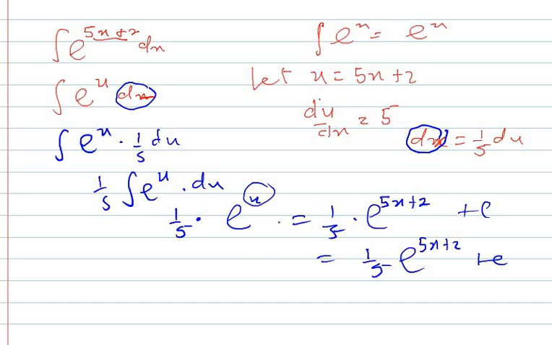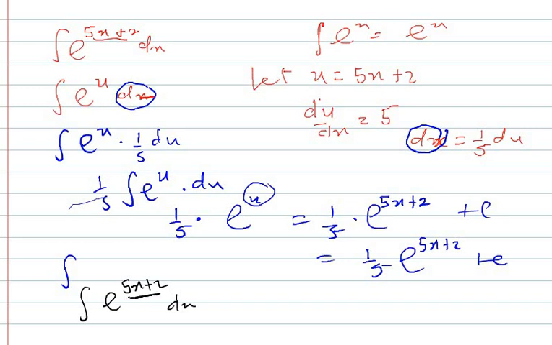The same thing you can do with the shortcut. You have the integral of exponential of 5x plus 2 dx. This is our linear expression.